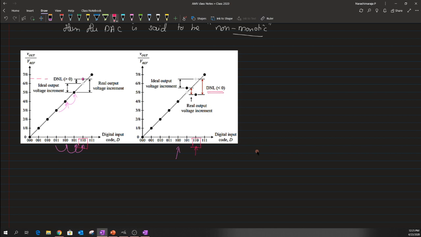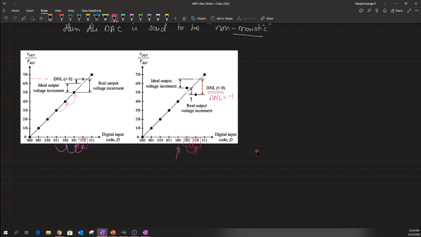This negative value will be reflected: when you switch from 101 to 110, the output is decremented. It has to increment, but rather it got decremented, because the computed DNL value is equal to -1.